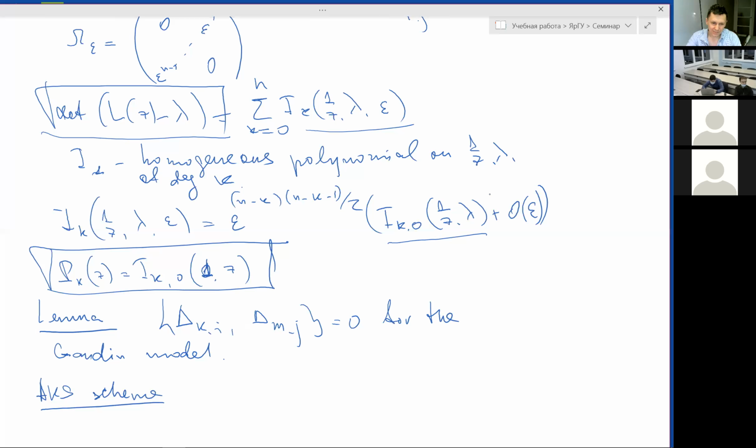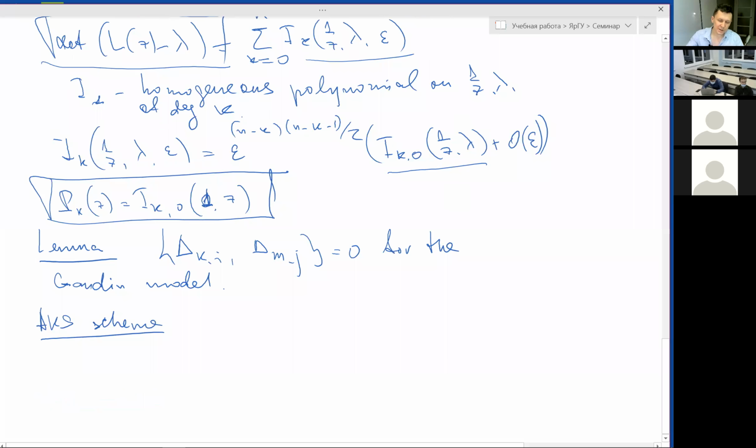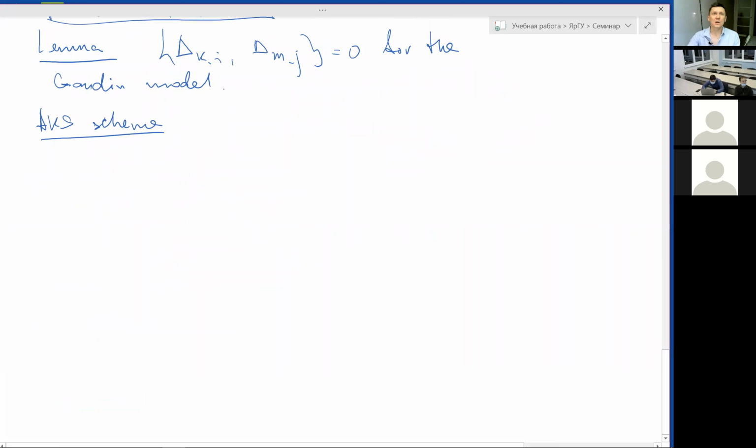Yeah, sure. The next step is the Adler-Kostant-Symes scheme, which is a general method to produce integrable systems from simpler ones. So it is the following construction. Let a Lie algebra G be the sum of two of its Lie subalgebras.